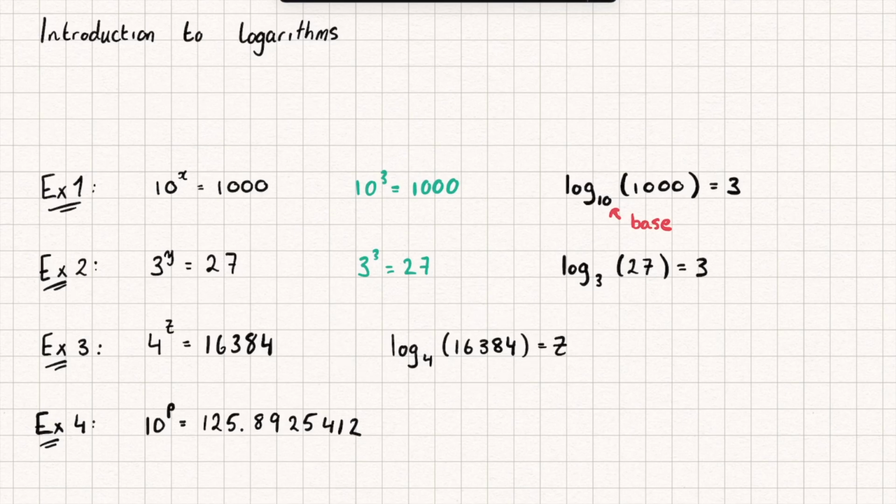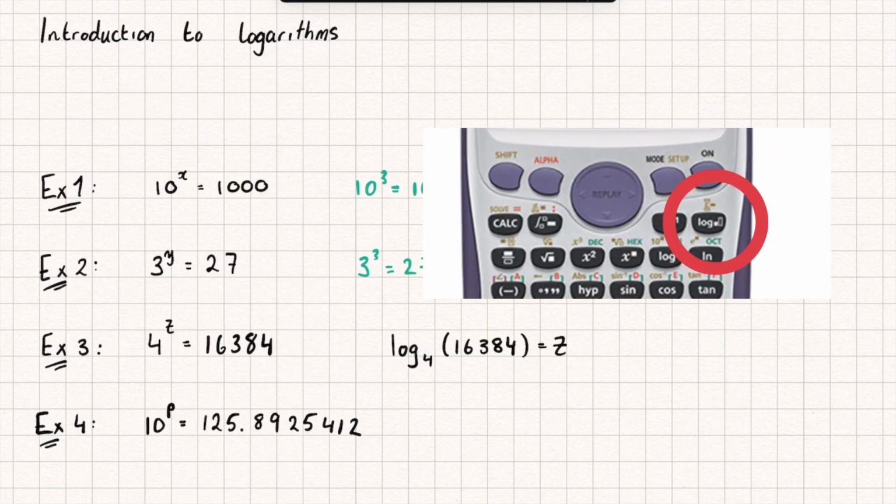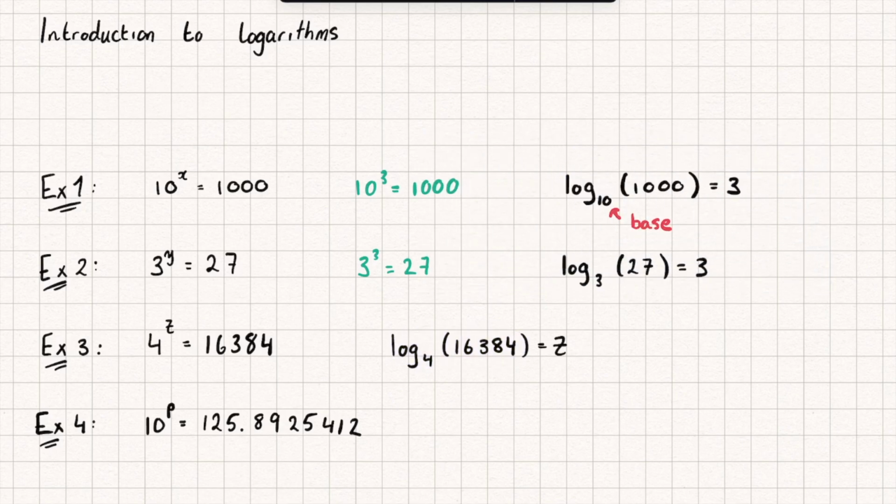But actually you'll have a button on your calculator that I'll put up on the screen now, and that button will enable you to calculate this. I'm going to type in log base 4 of 16,384. Okay, and that tells me that z is equal to 7. And so we've answered the question using logarithms.